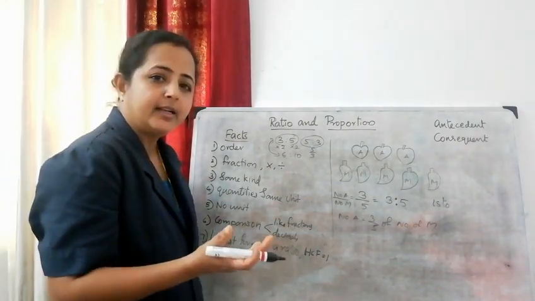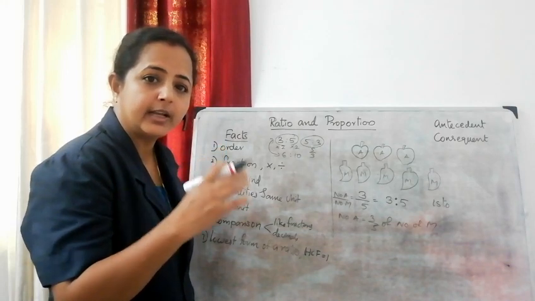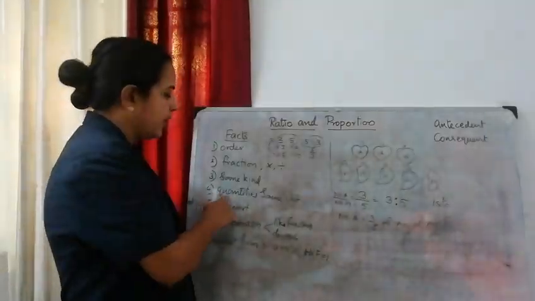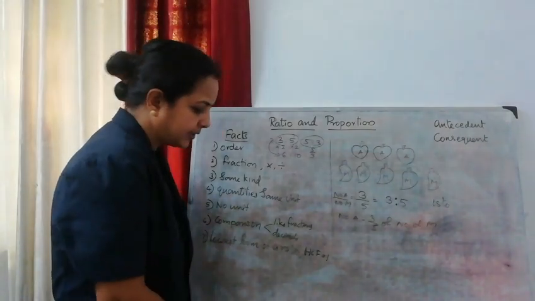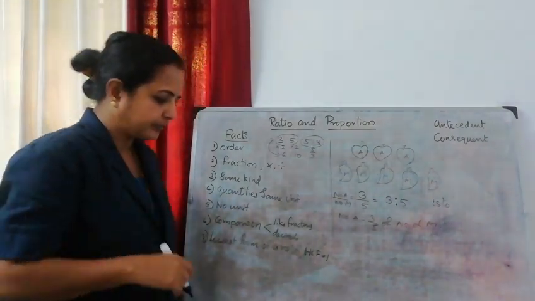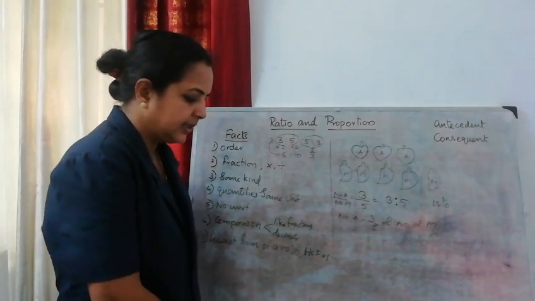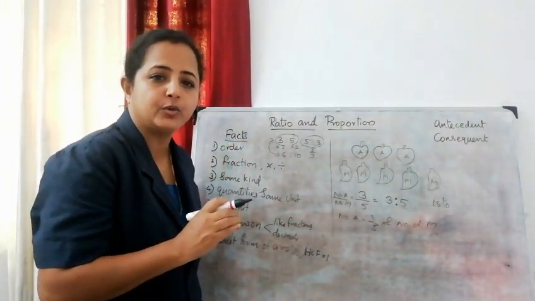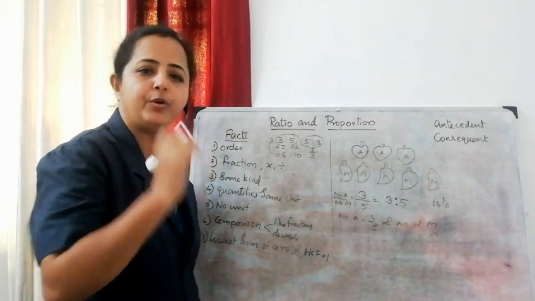Then the weight of a child and the height of a child, we cannot compare like that. Is the concept clear now? Next, quantities of the same unit. When we are writing a ratio, both quantities should be in the same unit.